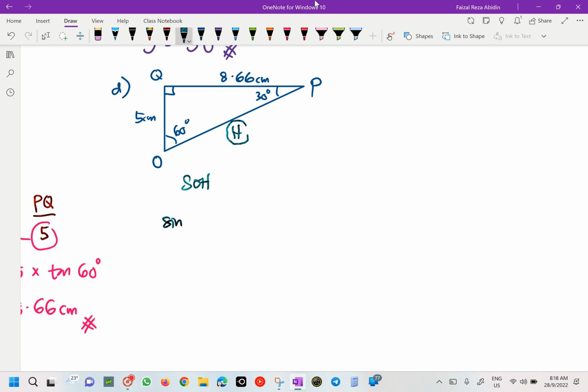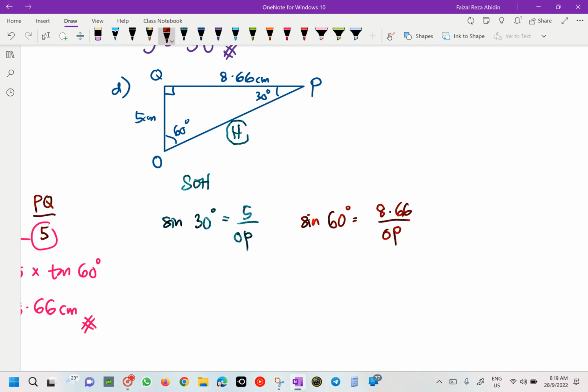So sine 30 degree equals to opposite 5 over hypotenuse, which is our OP. Right? If you are using our 60 degrees, so sine 60 degree equals to opposite, which is going to be 8.66 over hypotenuse OP.